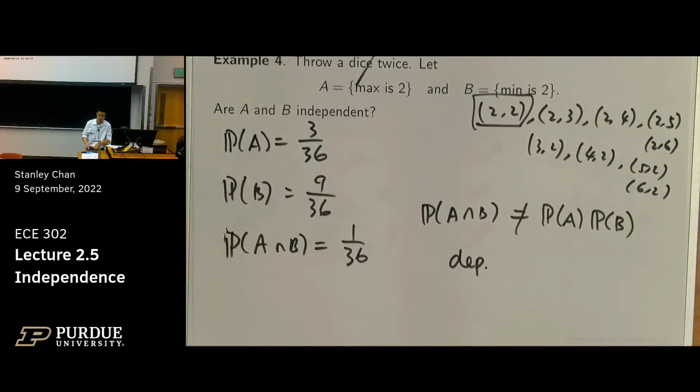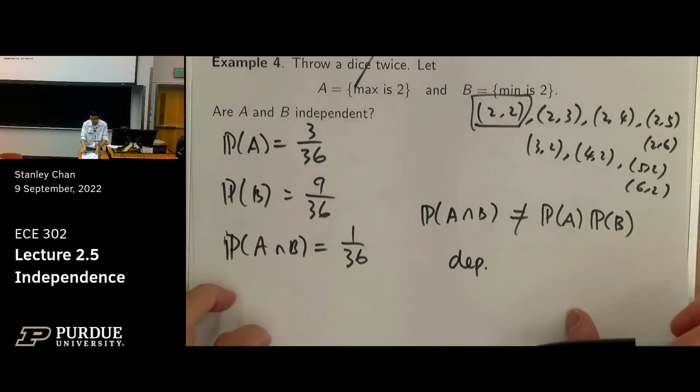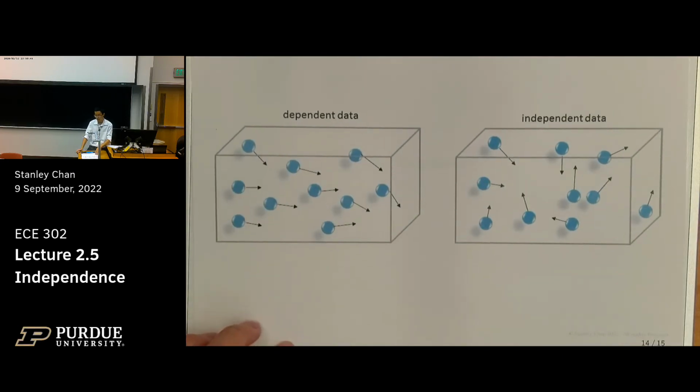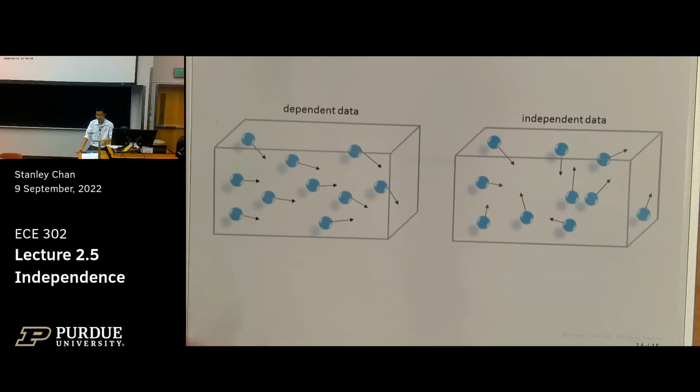Now, why do we care about independence? Here is a sort of high-level illustration. It's very vague to you at this point. As you are moving on to do machine learning, big data, you're going to deal with a lot of data points, many samples, many images. In these situations, of course, these data will have dependency.